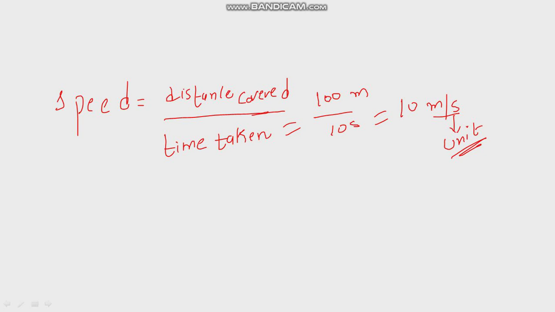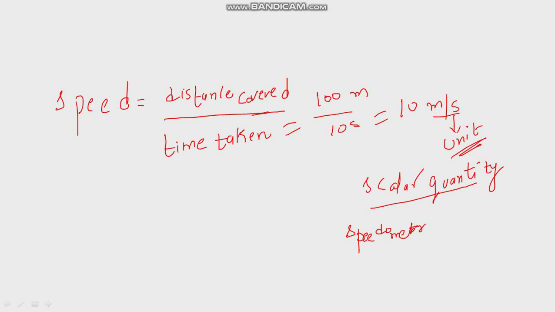Second thing, it is a scalar quantity, because distance is itself scalar and time is also scalar. The third thing, the instrument with which it will be measured is the speedometer.